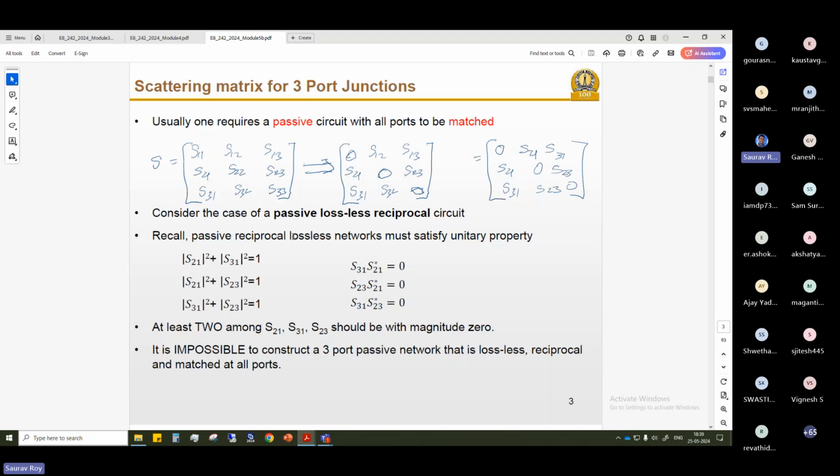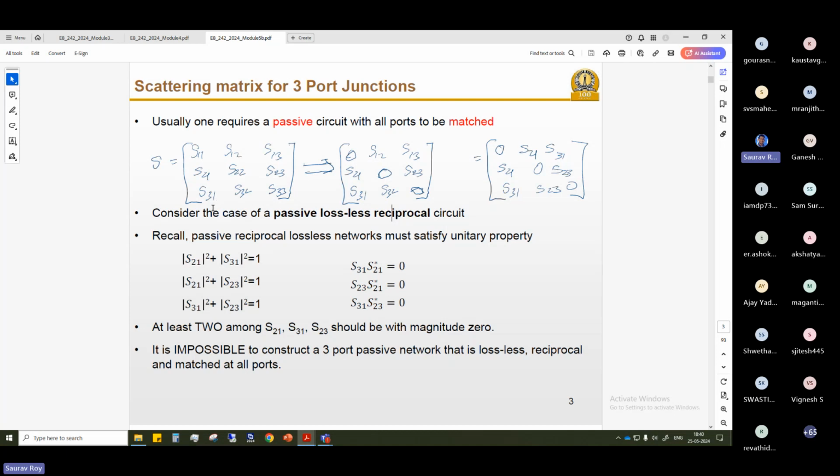Now let's calculate this for a passive, lossless and reciprocal network. These are the 3 conditions we have. Passive means there is no active component here. Lossless means we don't want any loss; we are considering a lossless transmission line. And reciprocal means S12 is S21. Because it's a passive circuit, generally it will be reciprocal.